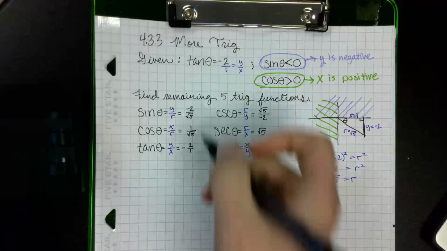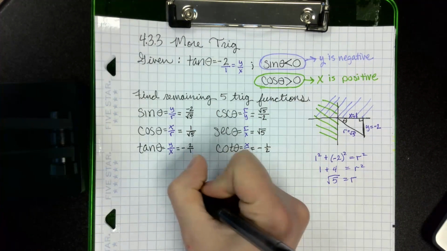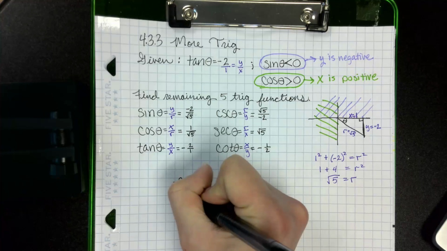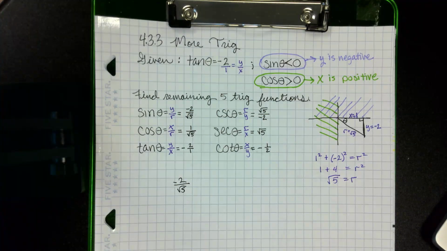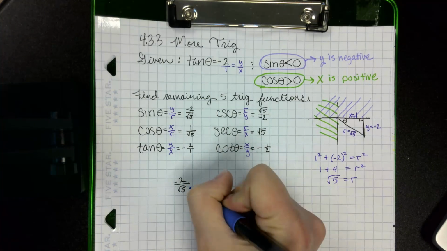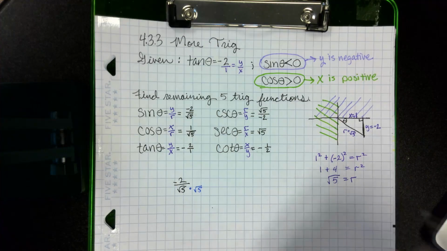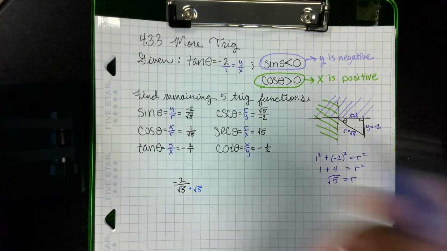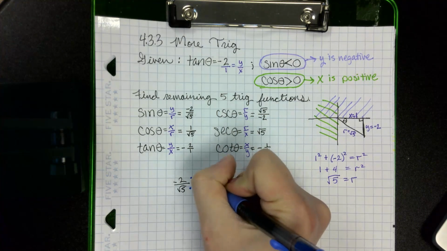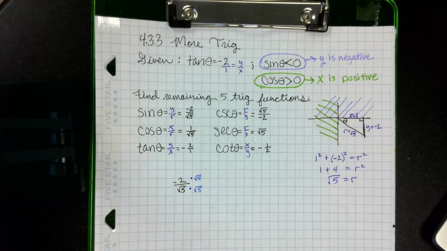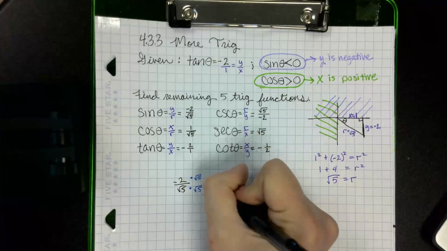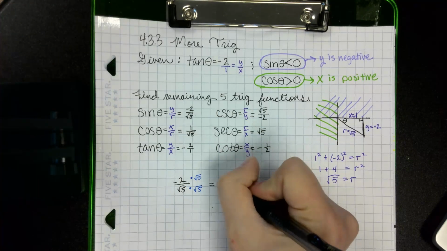So when I rationalize this, I'm going to do it on the bottom, I have -2 over square root 5. The problem is that I have a square root in the denominator. So to get it out, I need to multiply it by itself. I can't just multiply a fraction one piece. I have to multiply both pieces, top and bottom, by square root 5. So that gives me, on the top, -2 square root 5.